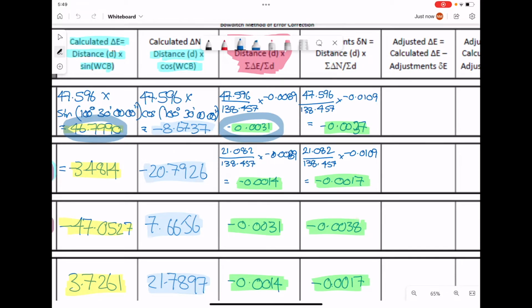What that means is we're going to take 46.7990 and take off the adjustment. It is also a negative number, so you effectively add on the amount to give us an adjusted value of 46.802.